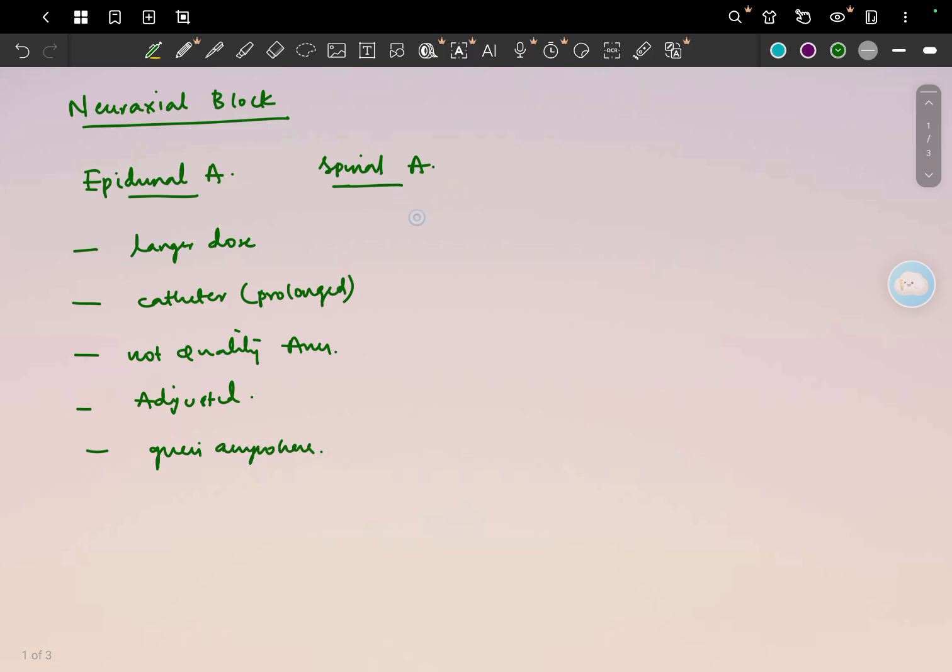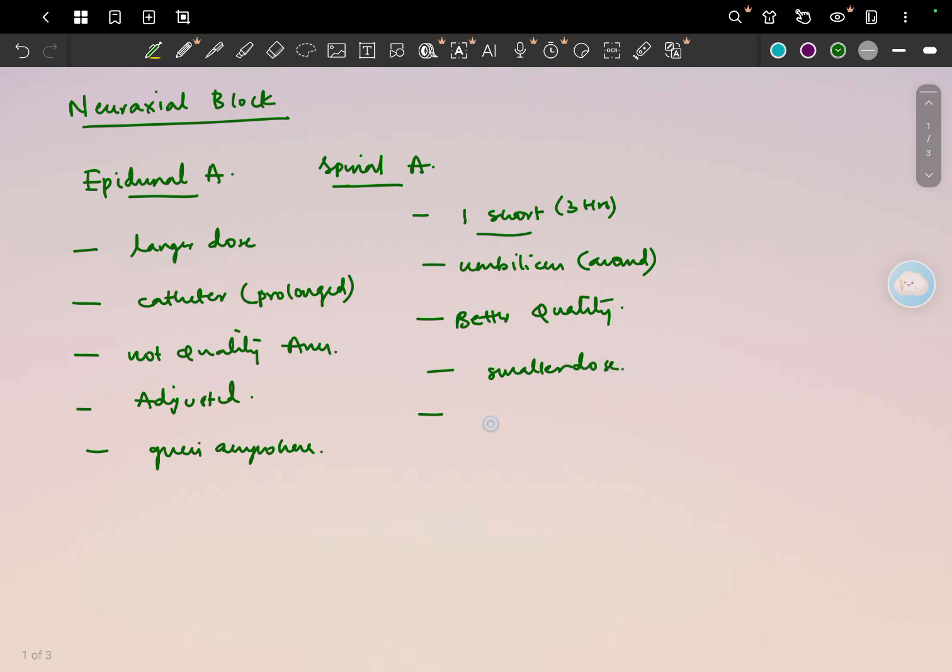And coming to spinal anesthesia, it is usually given as a single shot injection, lasting for 3 hours, and it is given around the umbilicus. It gives better quality anesthesia and even smaller doses are sufficient.